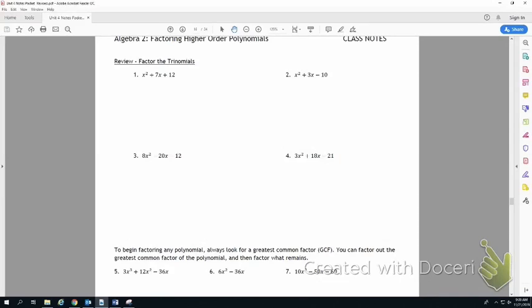Alright, so looking at number 1, if I multiply my A and my C term, 1 times 12 is 12. What factors of 12 add up to 7? 3 and 4. On this problem, do I have to write my answer as x equals?